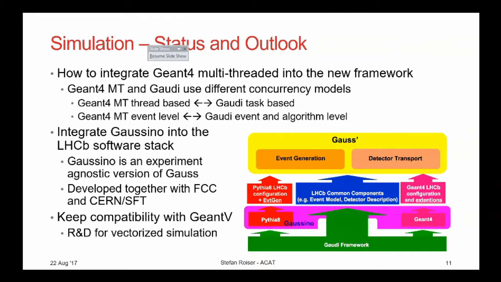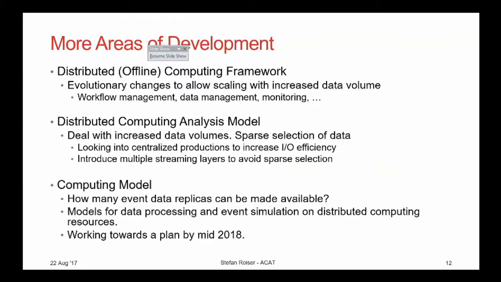So more areas for the distributed computing. This is more the evolutionary part. We need to look into the scaling of the distributed computing infrastructure. The analysis model I mentioned already. So we need to bring down the data into chunks that are manageable, and to look also into the I/O efficiency of the selection.